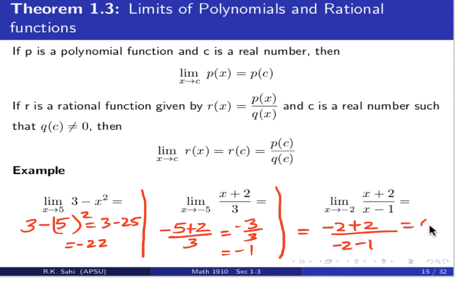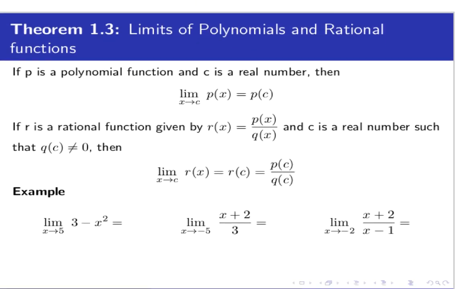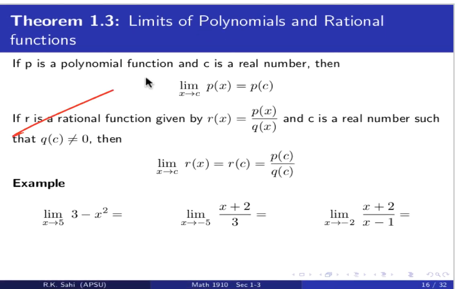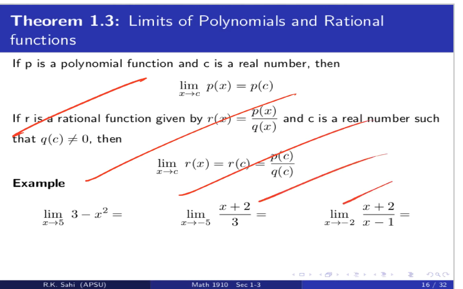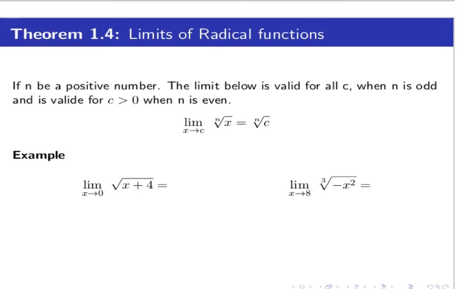The numerator is 0, but the denominator is not 0. That's very important. Over minus 3, the final answer is 0. Oh, there's a repetition, I didn't realize. So just cancel this one, guys.